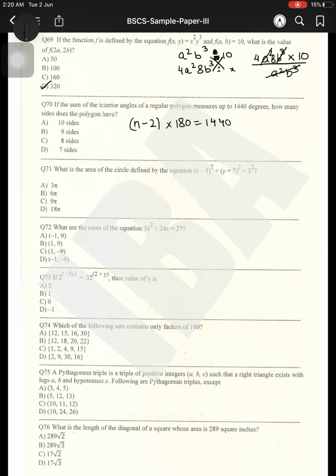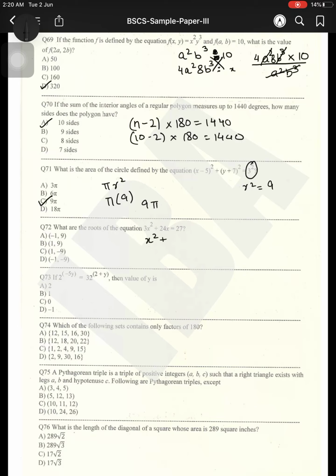So if I take 10 sides, I'm playing a guessing game, let's take n as 10. Right, 8 multiplied by 180 clearly gives me 1440. So it's gonna be A. This next question is talking about the area of a circle. So pi r square. R square is 9. So 9 pi, which is C.